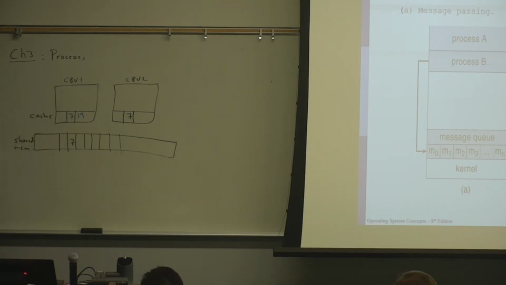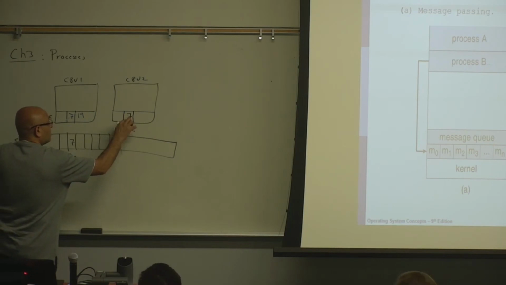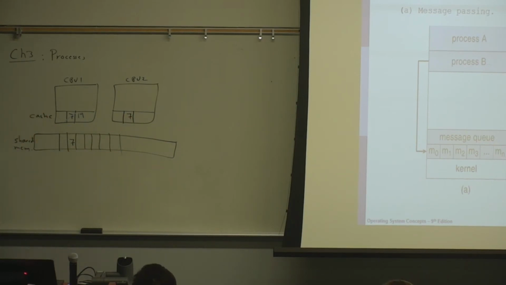Okay. Now what's the problem that we have? The shared memory and CPU 2 do not have the latest. Of course, the hardware ensures correctness. So when CPU 2 tries to access this 7, the hardware will recognize that this 7 is outdated because the other CPU has modified that in its own cache.